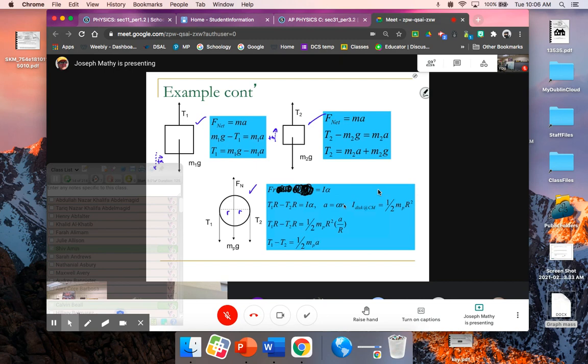We know our pulley is spinning this way because it told us that one of the masses was bigger than the other. So one of these torques over here is going to be a positive torque and one's going to be a negative torque.